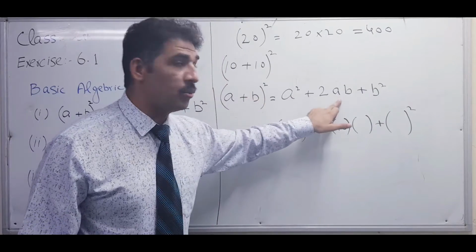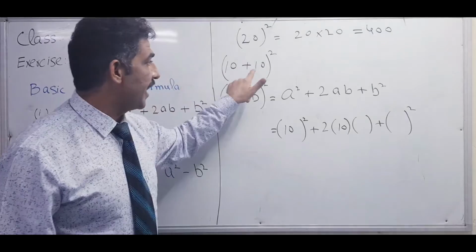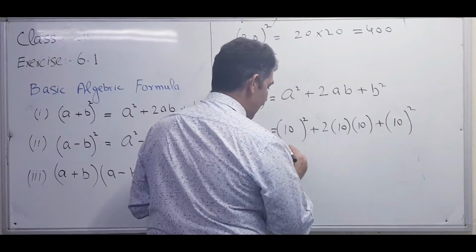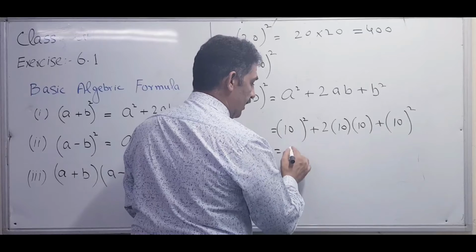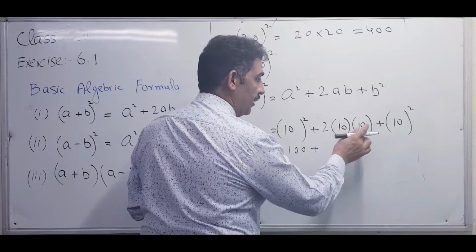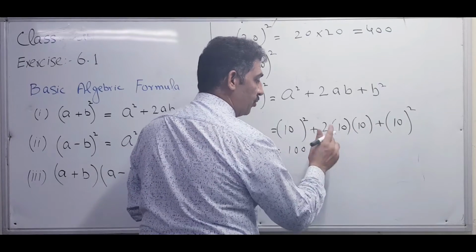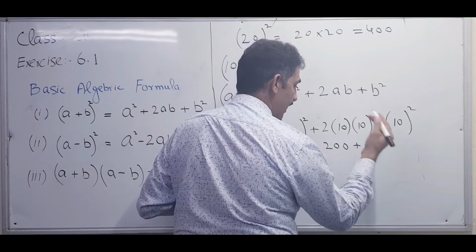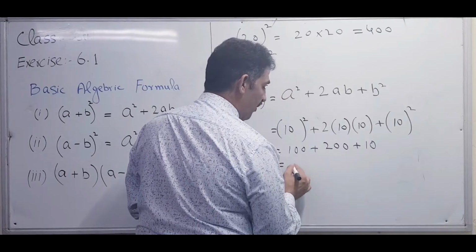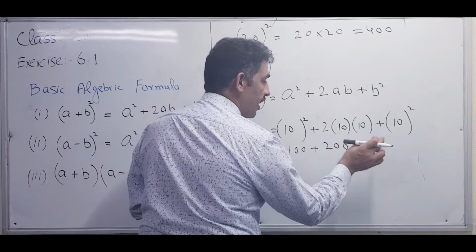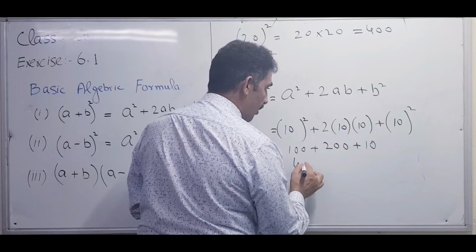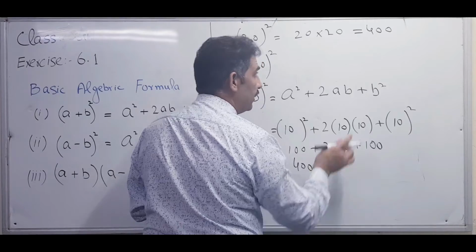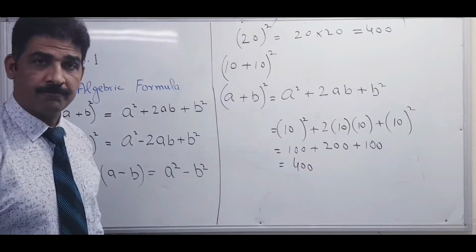Write the second element in the second two brackets, then start to solve. 100 plus 10 into 10 into 2, which is 200, plus 10 square is 100. Add them: 100 plus 200 plus 100, 400. We get the same result.